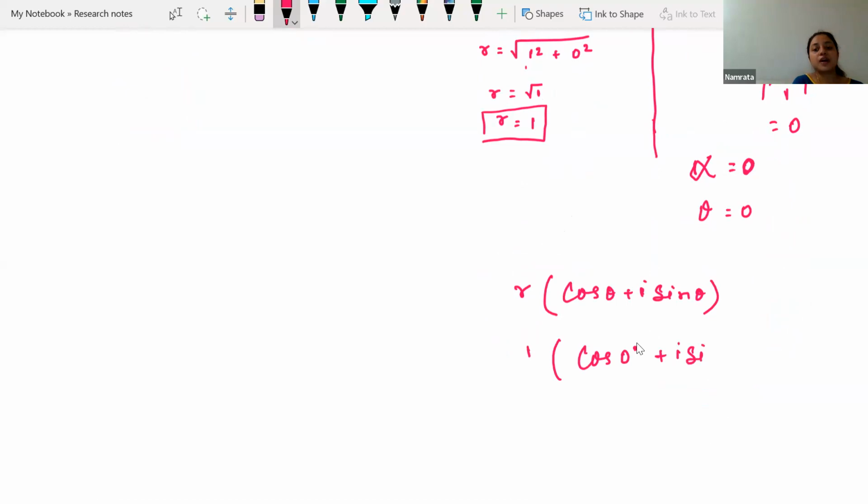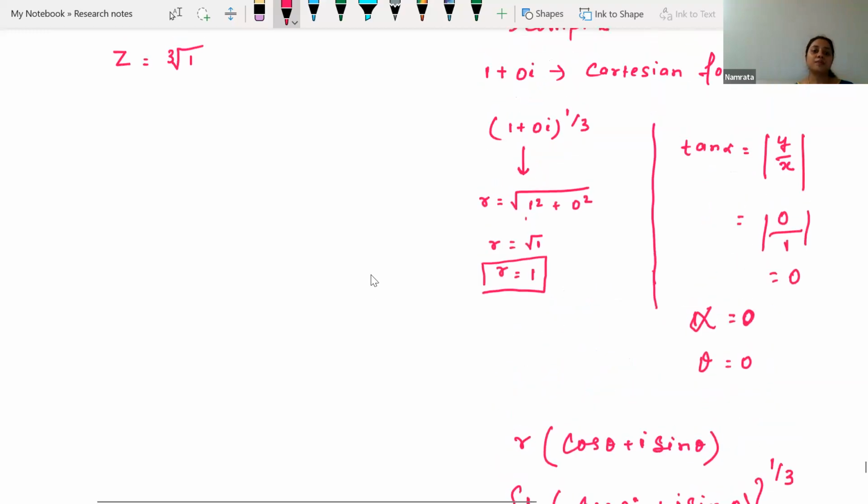Is it clear so far? This is how we are writing our 1, a complex number which was given as only 1. This is how we can represent it in polar form. Is it okay to you? Now we have to find this one's power 1 by 3. Okay, let's come over here.